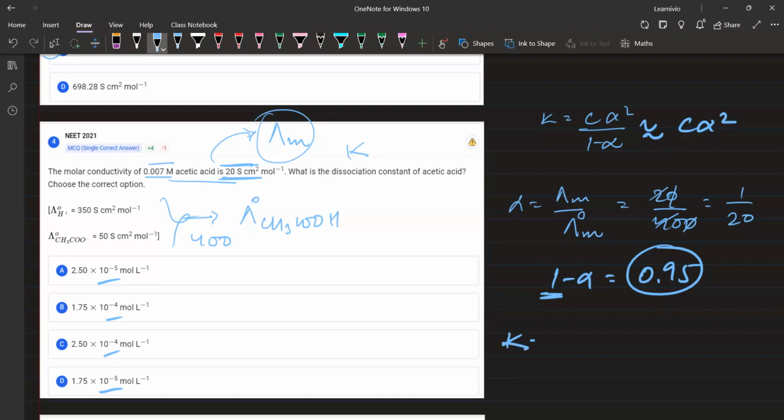So K will be equal to C, that is, it's not correct. 7 into 10 to the power minus 4, 10 to the power minus 3 into 1 by 20 whole square, 1 upon 4. So it should be equal to 7 by 4 into 10 to the power minus 5. So 4 ones are 1.10 something will come and 10 to the power minus 5. So D option will be correct.